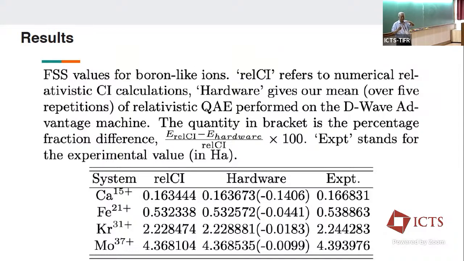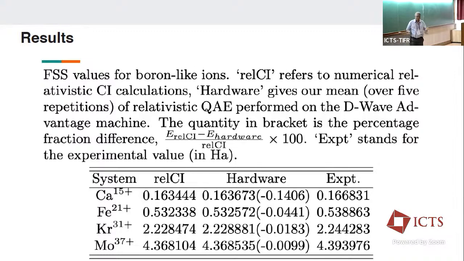That is whether a quantum computer can solve a problem faster than a classical computer. That will be of no use if we cannot do accurate calculations. So we focused on the accuracy part. And we found for a non-trivial problem, it is possible to get 99% accuracy on this.